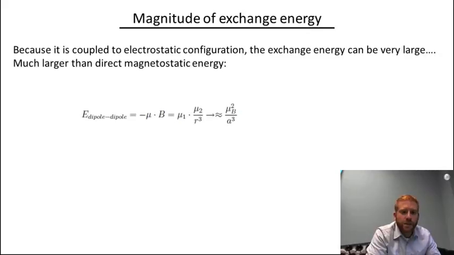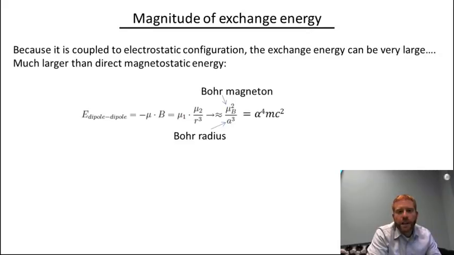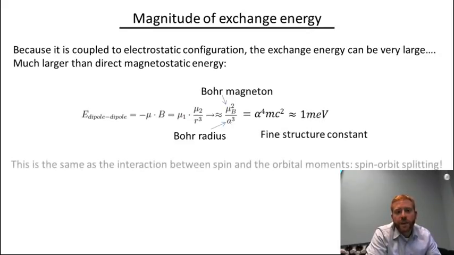Using the characteristic values of Bohr magneton and Bohr radius, we find energy precisely the same as the interaction scale between the intrinsic electron spin and the orbital moment of an atomically bound electron. Evaluating, we once again find the fine structure scale, and despite a rest mass energy of mc squared of 500,000 electron volts, alpha, 1 over 137, to the 4th power is extremely small, and the net interaction of milli-electron volts is far smaller than the gross electronic energy scale of electron volts, where we can expect our exchange constant J to be.